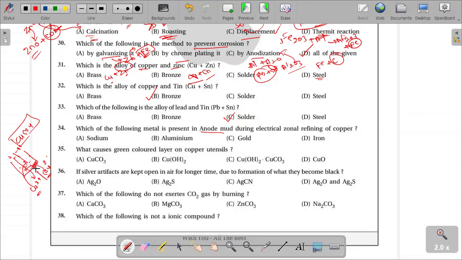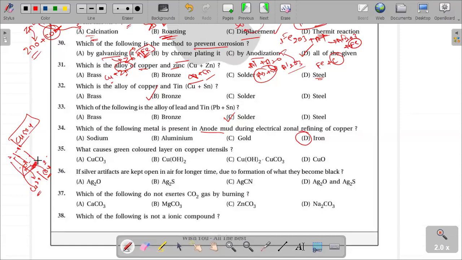That impurity, what is that? Which one is an impurity? Like they are asking, which one is an impurity? Here, iron is an impurity of the material. Iron won't dissolve with water, no. So it will be the impure substance.